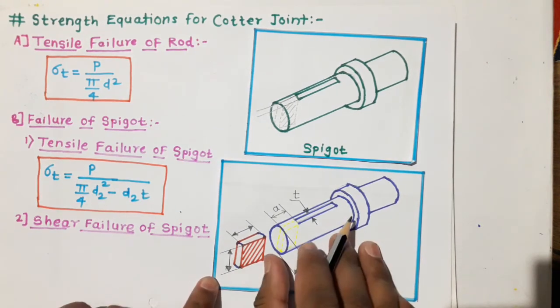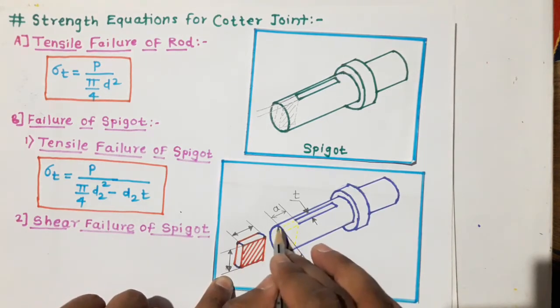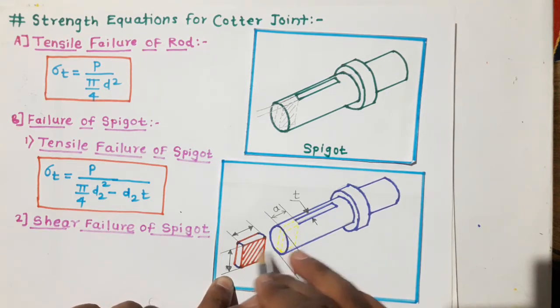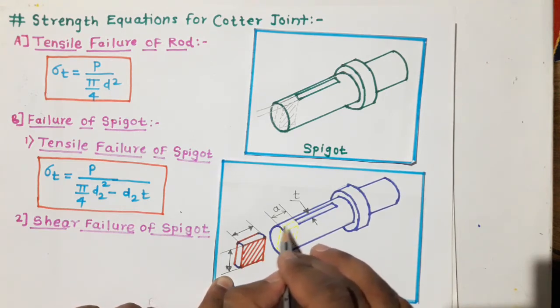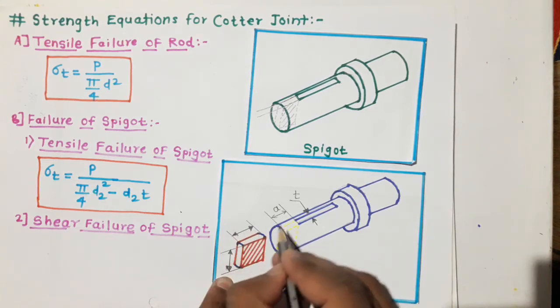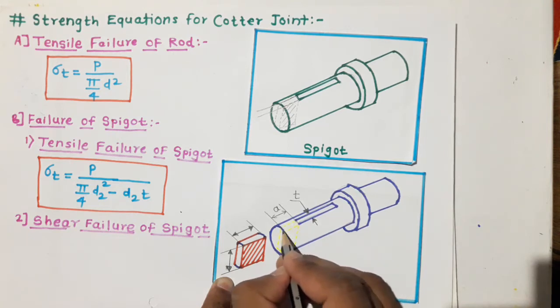Now we have to apply these dimensions of spigot to the portion of material which is sheared off from this end of spigot. If you look at this distance, it is the portion of spigot which is present after the slot, that is the distance between the end of slot and the end of spigot.